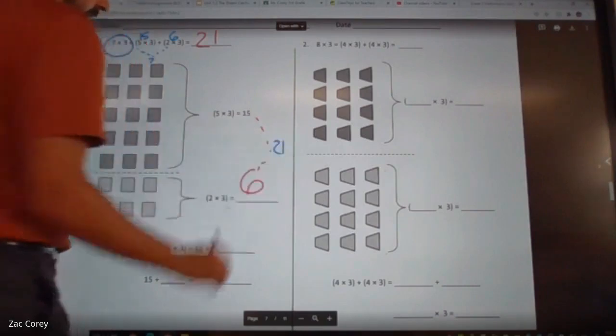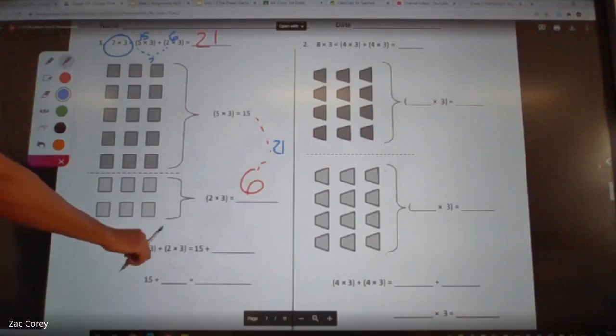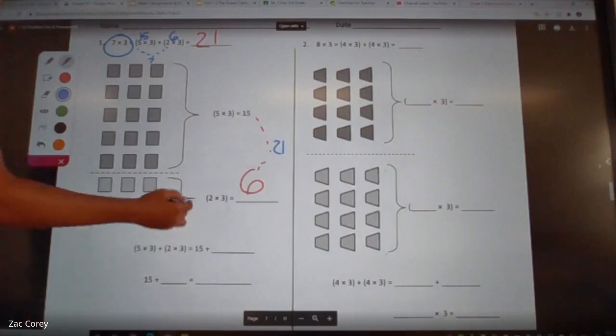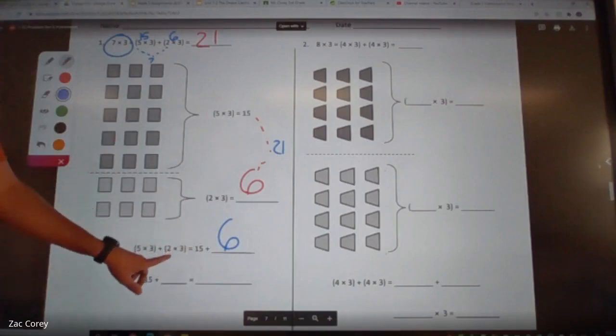All right. So down here at the bottom, 5 times 3 plus 2 times 3 is the same thing as 15 plus 6, like we just did here, right? Because 5 times 3 equals 15, and 2 times 3 equals 6.